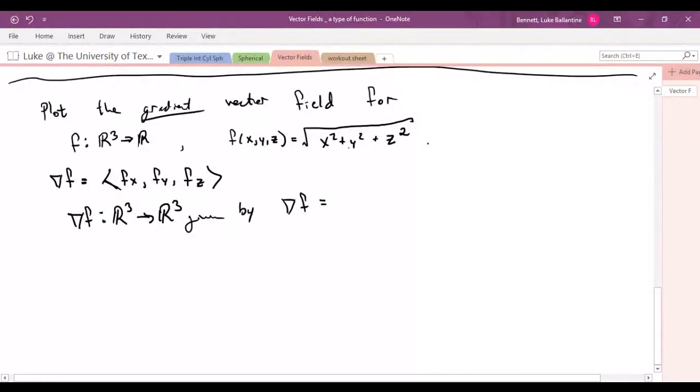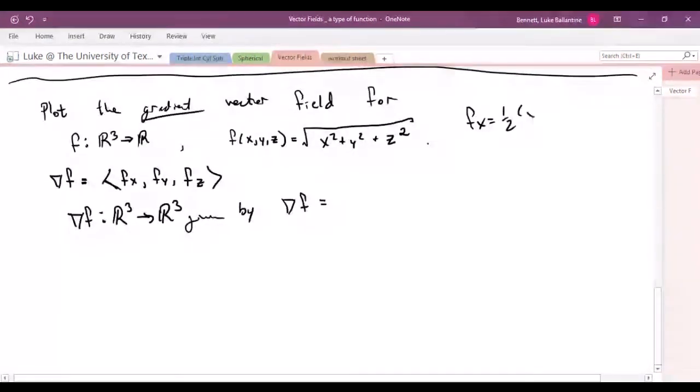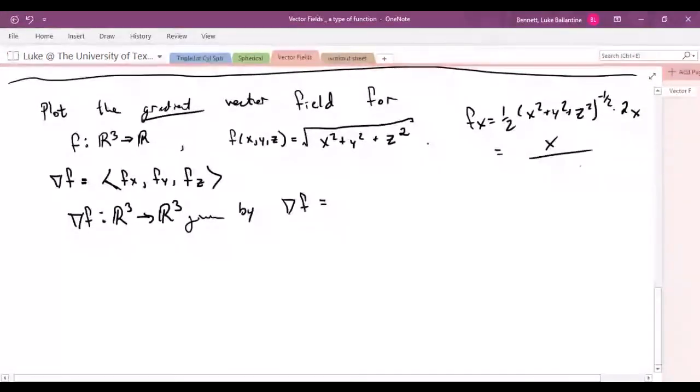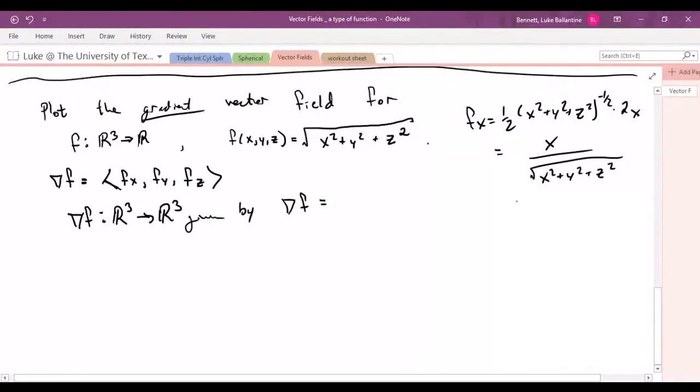Well, the partial derivative of f with respect to x, f sub x, would be 1/2 times x squared plus y squared plus z squared to the negative 1/2, times 2x. This is x over the square root of x squared plus y squared plus z squared. Then you would get the same thing for y and z, except you would have a y and a z in the numerator.